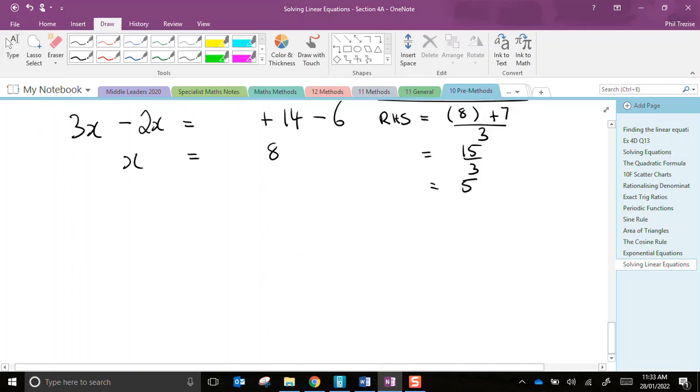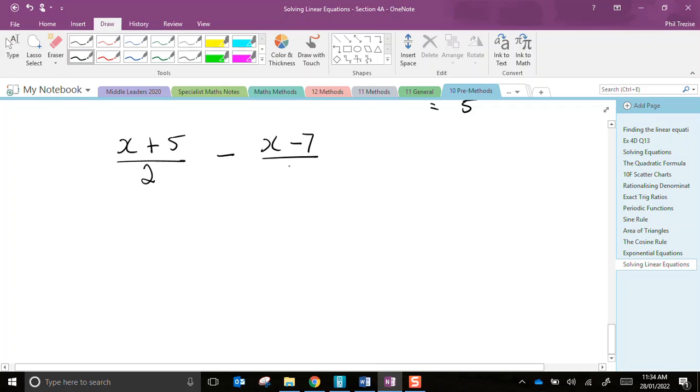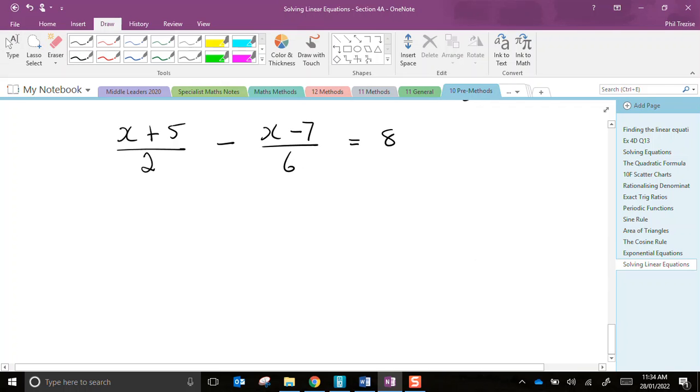They're equal. Now let's try a bit more of a challenging one, shall we? Let's go with something like this. Let's try x plus 5 over 2, subtract x take 7 over 6 equals 8.